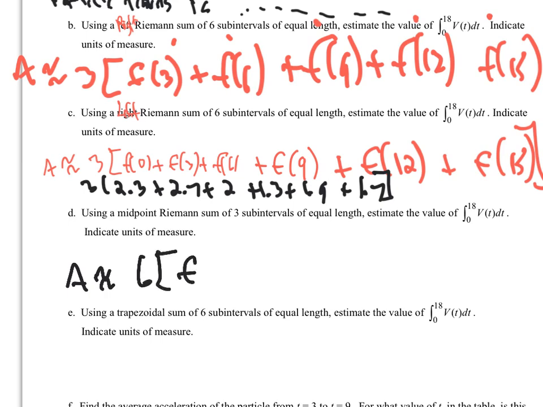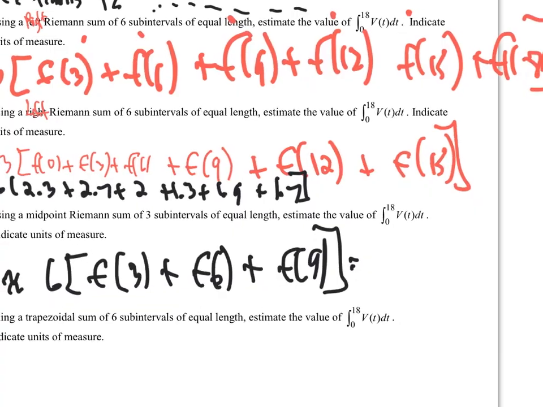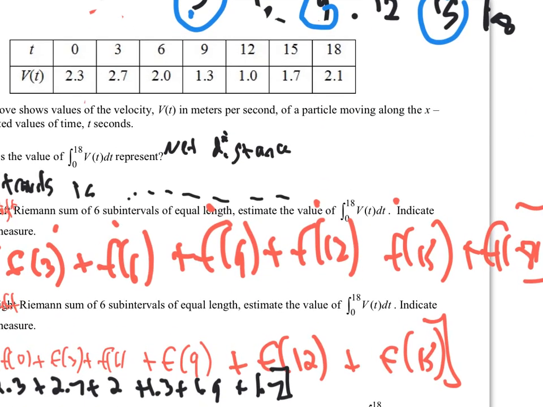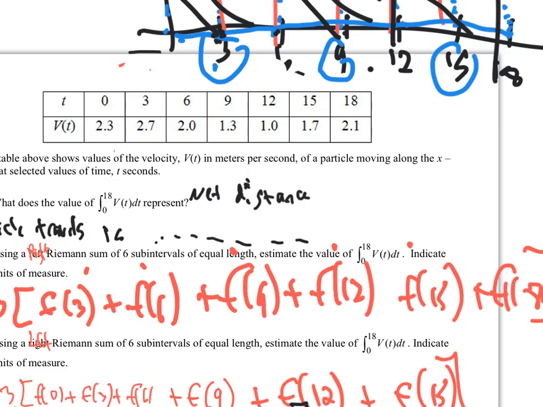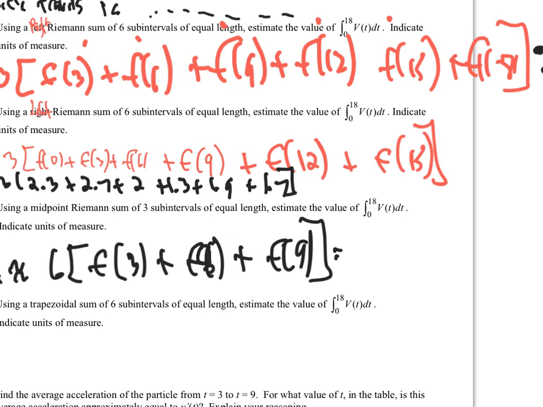6 times f of 3 plus f of 9 plus f of 15. What am I doing? It was f of 3, f of 9, f of 15. Let me just erase it. That won't let me, so I have to write on it.